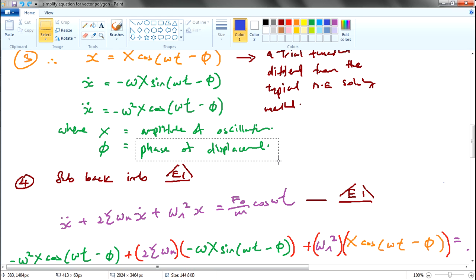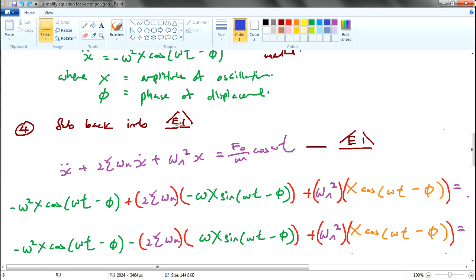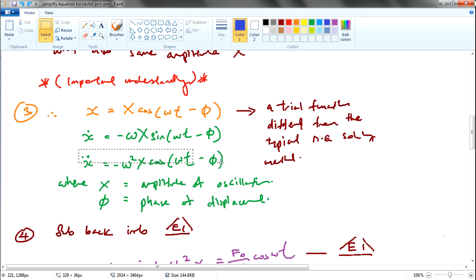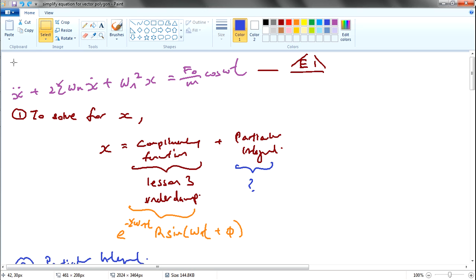If in the future you understand, then you can just post a note about this, and then sub back into E1. So we sub all this into E1, which is this one. If you remember, first you differentiate two times, and then you sub the second order into here, the first order into here, and then the forcing function itself into here.